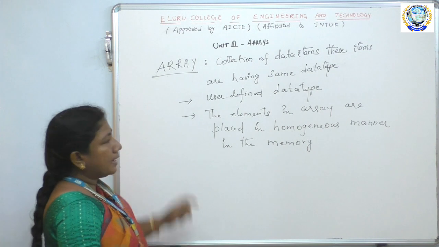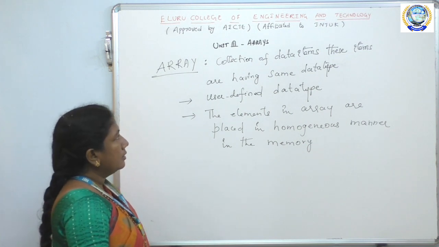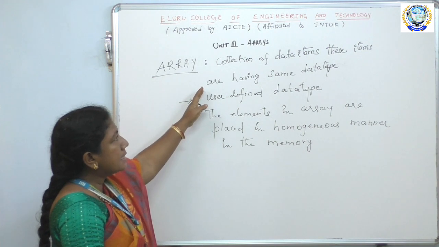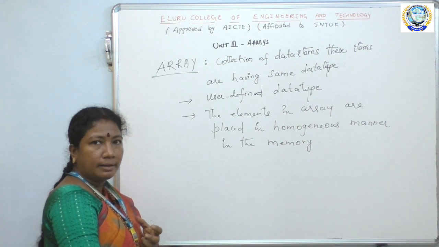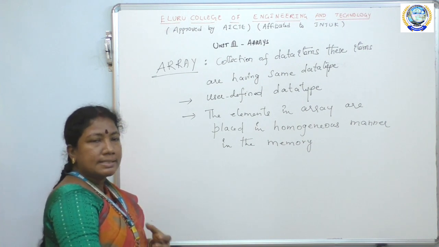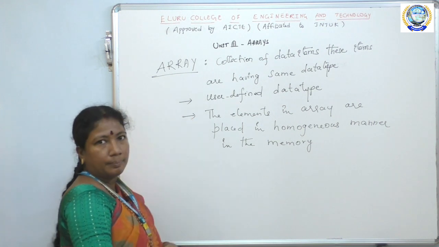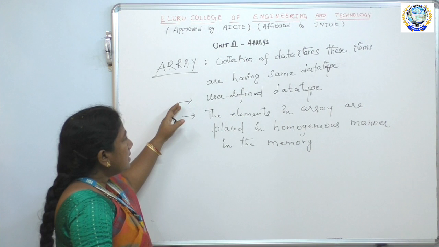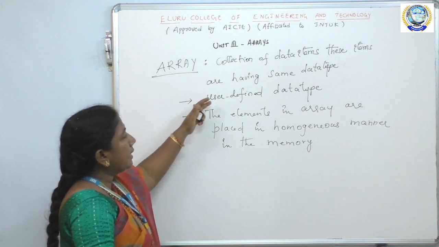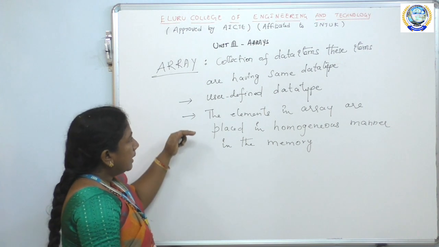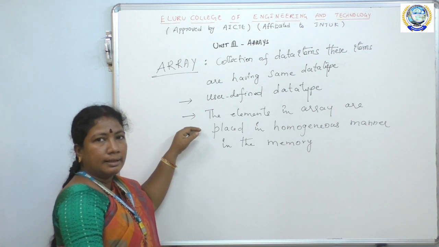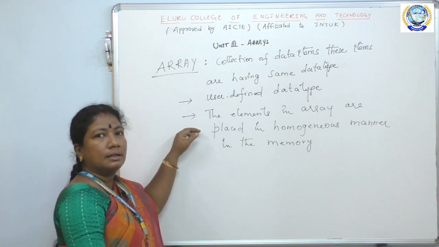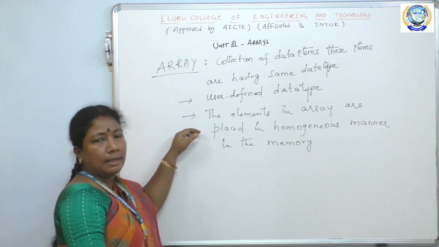So the definition of array is collection of data items. These data items are having same data type. We are having number of data items and all these data items are having same data type. Next one is array comes under user defined data type. Next, the elements in array. Whatever the elements are taken under that array, those can be placed in homogeneous manner, that is in sequential order in the memory.